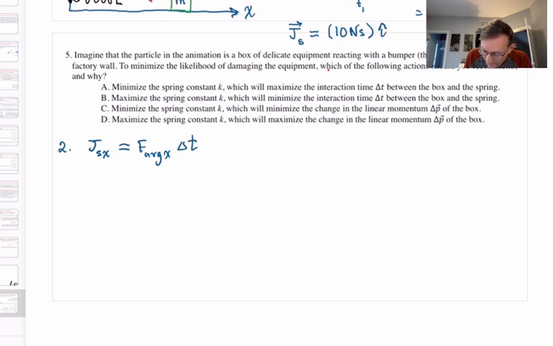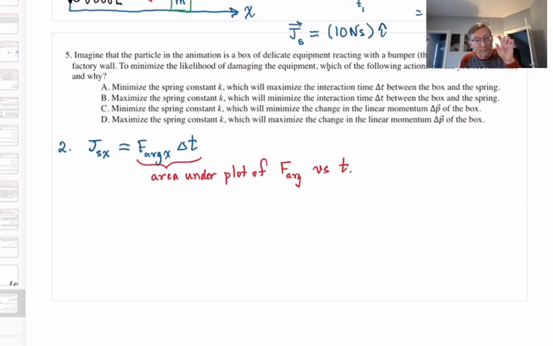In other words, this right here is the area under the plot of F average versus t, the area of that red rectangle. So all we have to do now is solve this equation for F average x. It's the x impulse on the block due to the spring, divided by the duration of the collision, delta t.